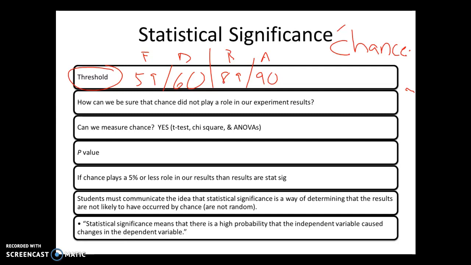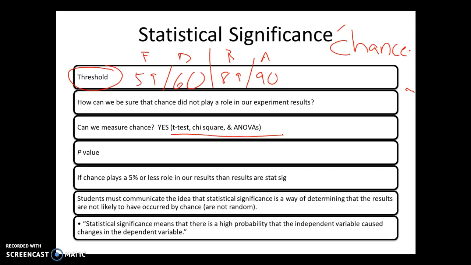We're really trying to measure chance. I want you to understand what that means, right? Just randomness, random difference. And we actually can measure chance. We can measure it by these tests: a chi-square, a t-test, and an ANOVA. You don't need to know how to do them. You just need to know that this is a mathematical process, right?